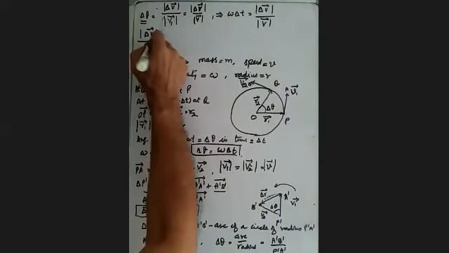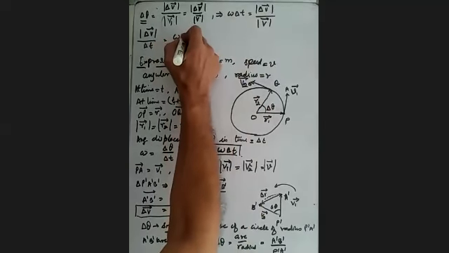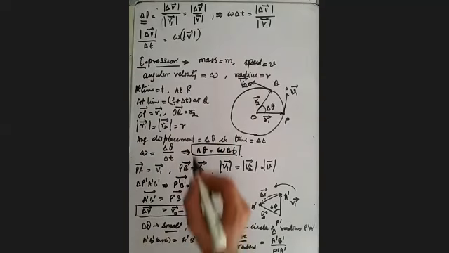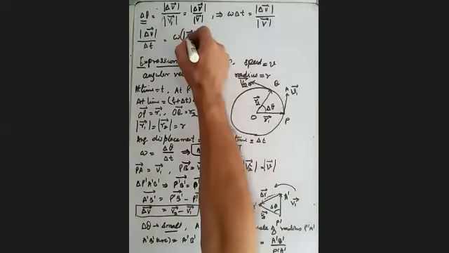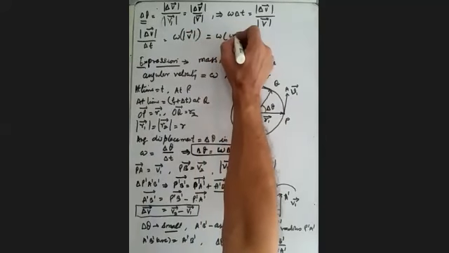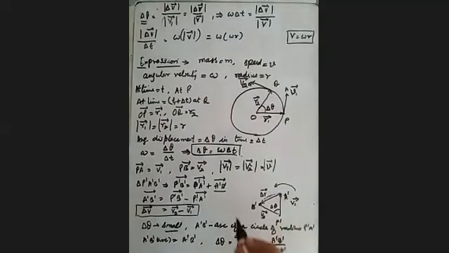On rearrangement, delta v divided by delta t is equal to omega v. And what is v? This is equal to omega r. So omega into omega r. We already know v is equal to omega r, or omega is equal to v upon r.